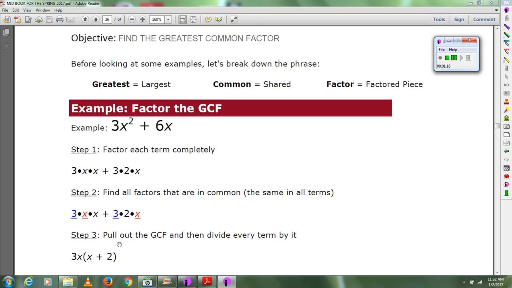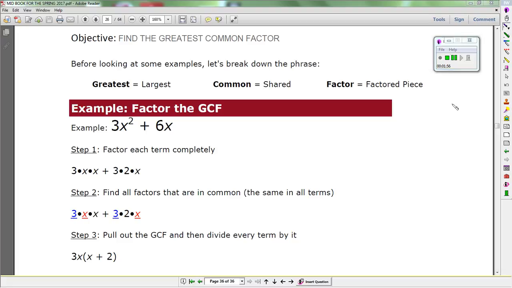The last step, step 3, we are going to factor out the greatest common factor and then divide each term by it. Let's look at the first term right here, 3 times x times x. Think about we factor the common factor 3x out. The leftover is x, because 3x squared divided by 3x will give you x.